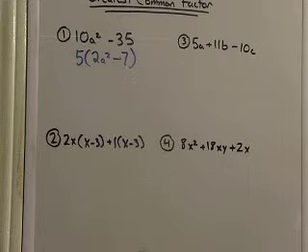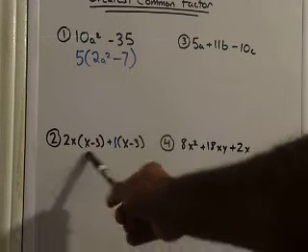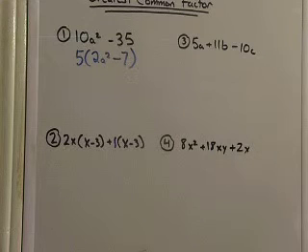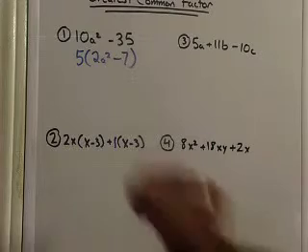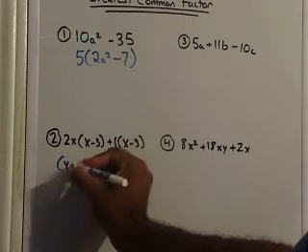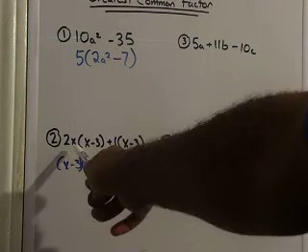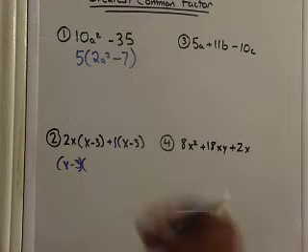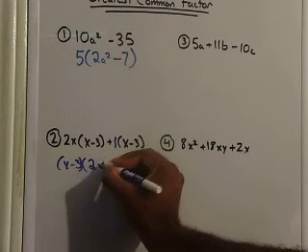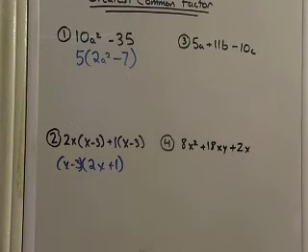Then when we look for the terms in common, obviously there's an x minus 3 in common, so that's the greatest common factor. If I take out an x minus 3, I'll have a 2x plus 1 left over, and we factor that one.